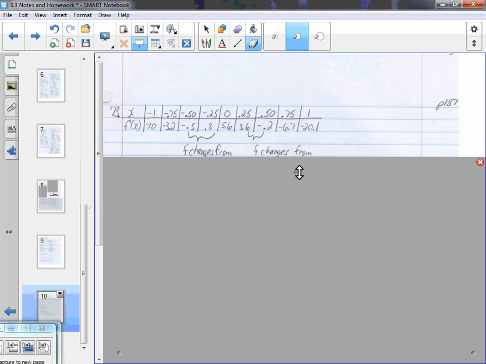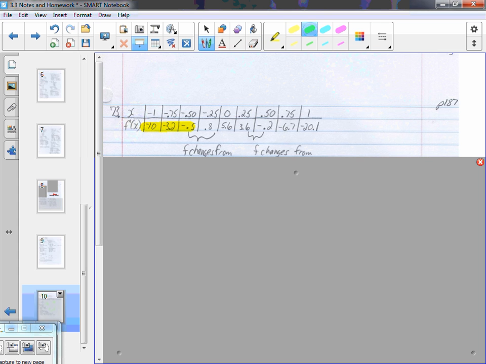If we're going to sketch a graph of f, we need to remember when the derivative is negative, f is decreasing. When the derivative is positive, f is increasing. So where the derivative is negative, f's decreasing for all that in yellow.